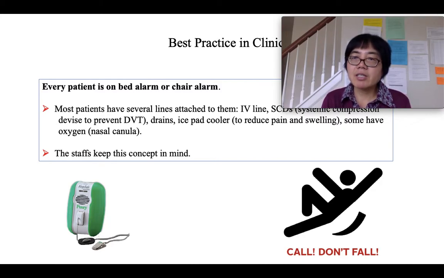Except for the characteristics I mentioned before, my patients also have these characteristics. Most patients have lots of lines connected to them. Because no matter the knee surgery, hip surgery, or the amputation, they are big surgeries. After the surgery, the patient has IV lines. They need IV antibiotics. Because it's lower extremity surgery, these patients have a high incidence of developing deep vein thrombosis.